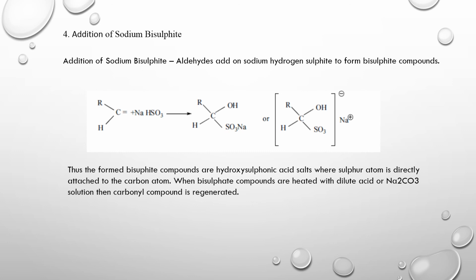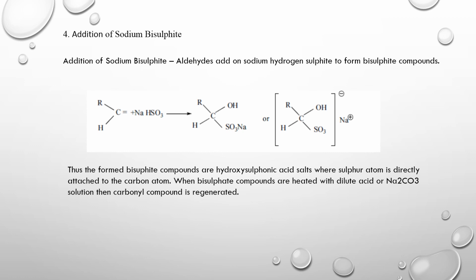Then go for the addition of sodium bisulfite, NaHSO3. Aldehydes add sodium hydrogen sulfite to form bisulfite compounds. The formed bisulfite compounds are hydroxysulfonic acid salts, where the sulfur atom is directly attached to the carbon atom.